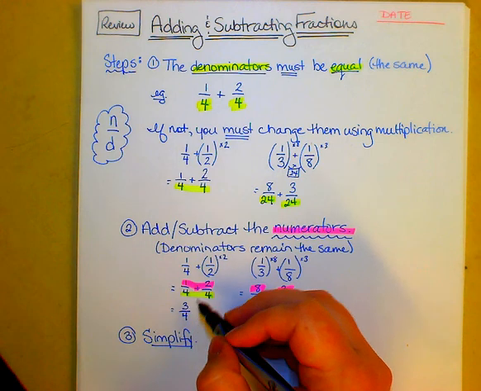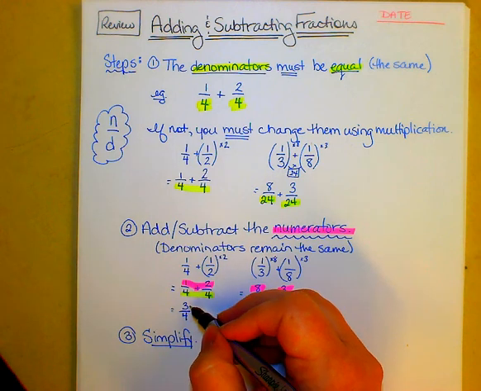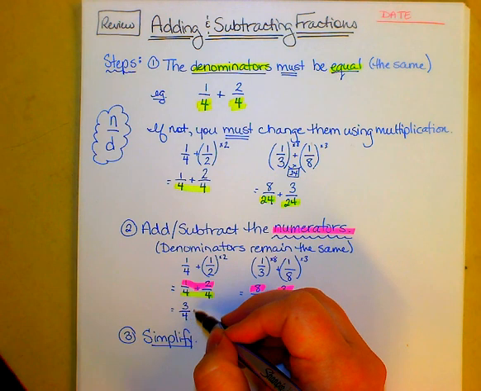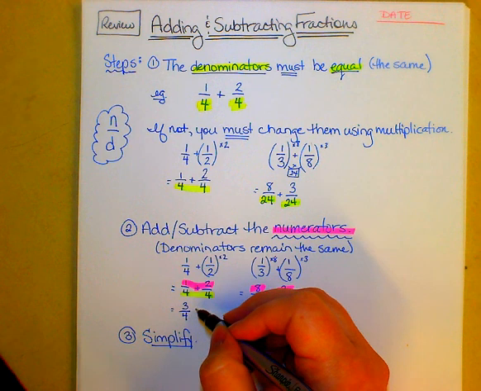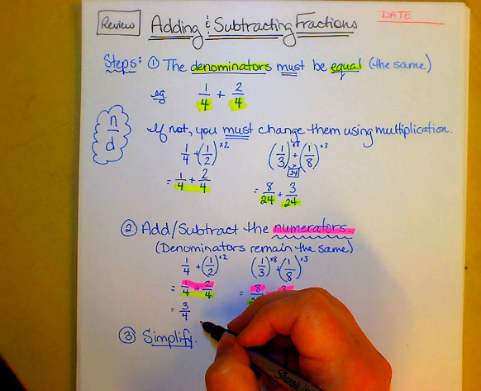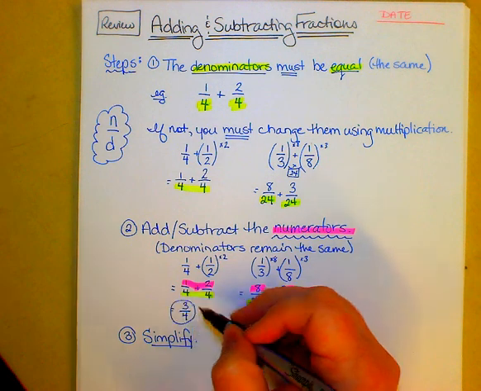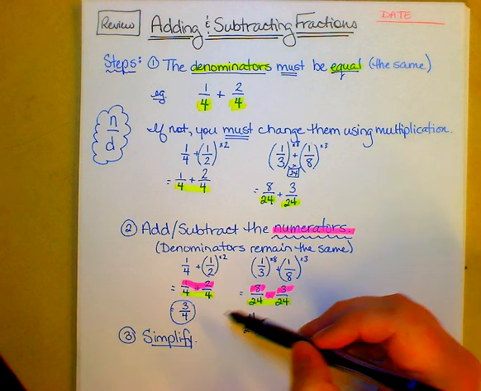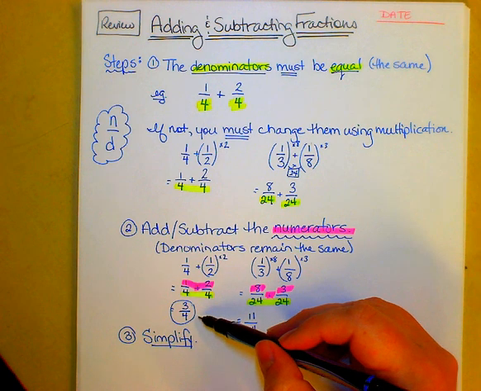Well, factors of 3 are 1 and 3. Factors of 4 are 1 and 4. So the only factor they share is 1, which won't get me anywhere. 3 divided by 1 is 3, 4 divided by 1 is 4, and the cycle will just keep repeating. So 3/4 is as low as I can make this fraction. That is the simplest form it comes in.